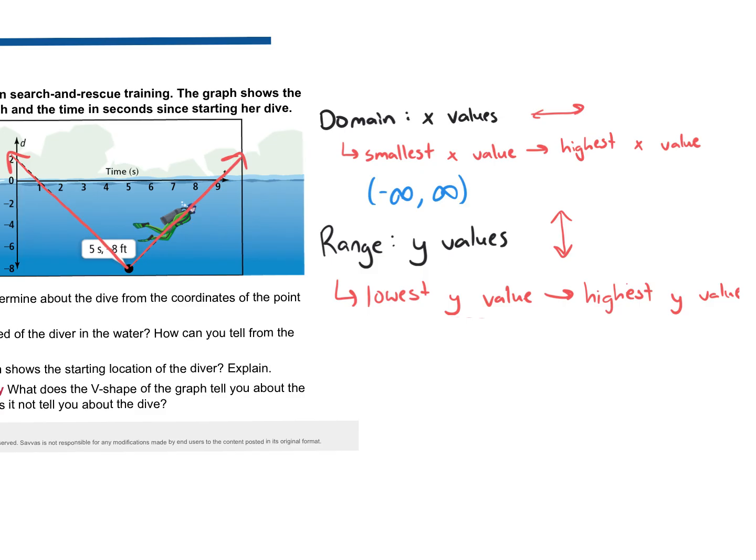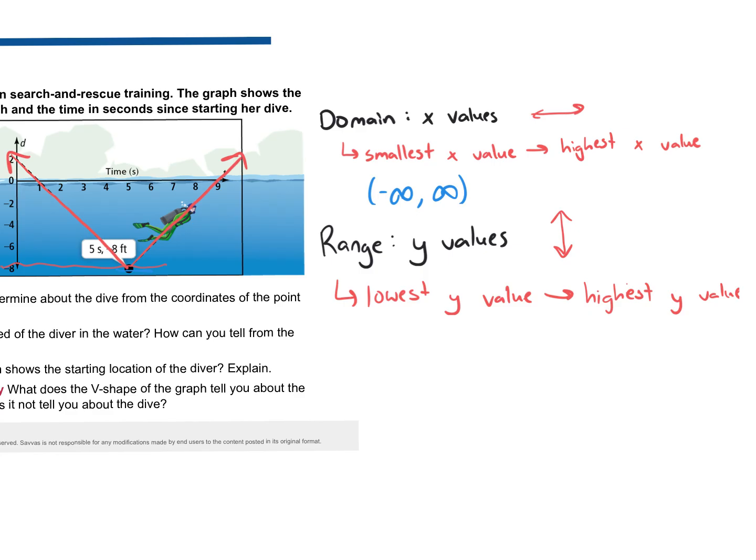Looking at our graph here, remember Y values are up and down. If I'm going down the graph, do I ever hit a point where I don't go any lower? Do I go any lower than this point right here? No. So what is this Y value here? Negative 8. Good.